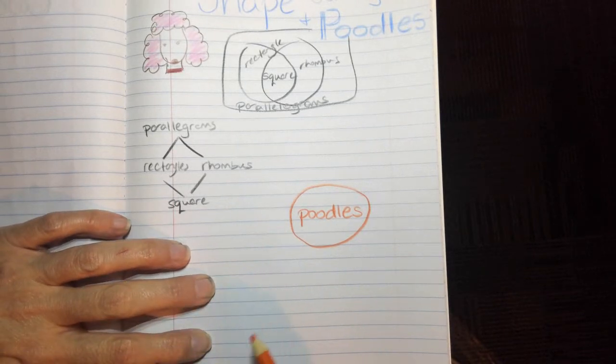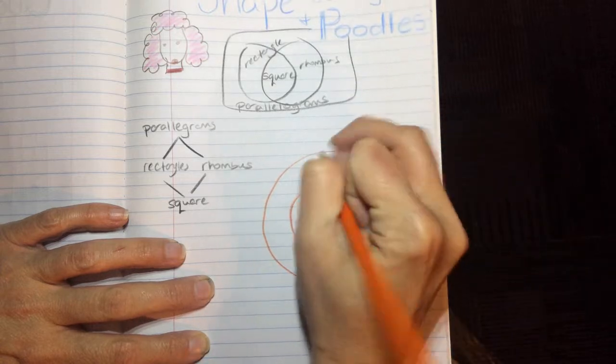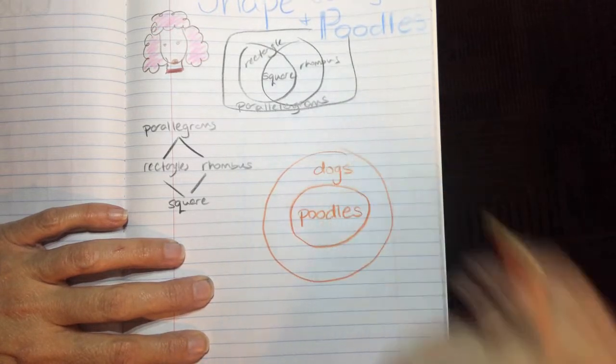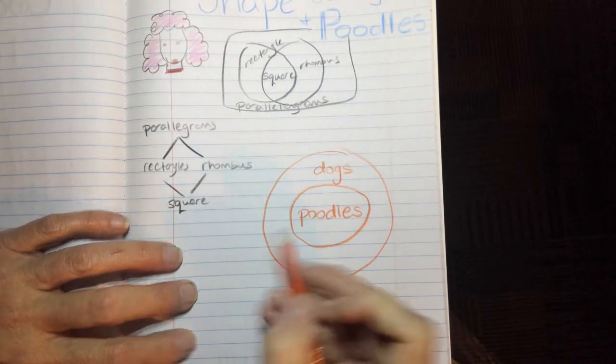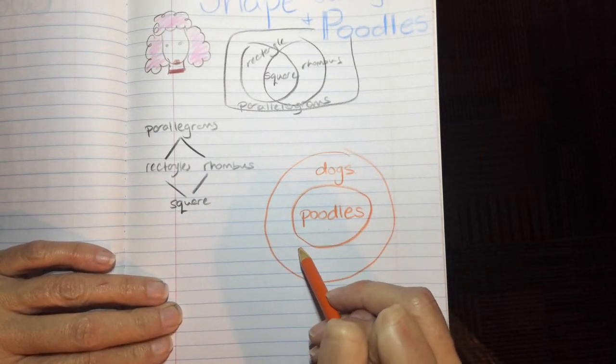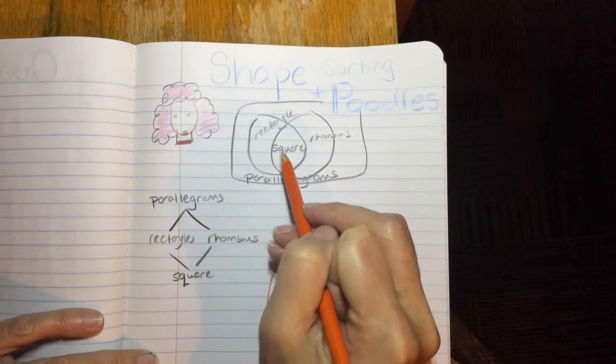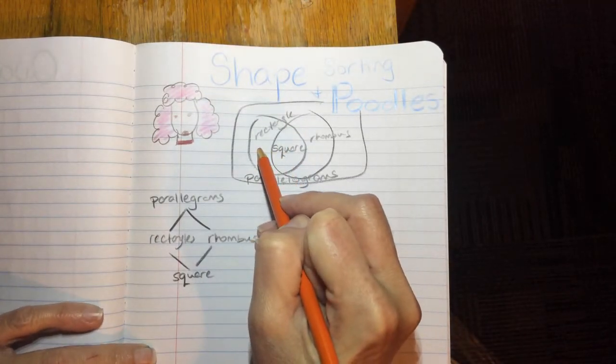Okay. Well, I could draw a bigger circle outside of here, and I could write this, and I could say dogs, right? So then I can ask myself, are all poodles dogs? Well, yes. So are all squares rectangles? Yes.